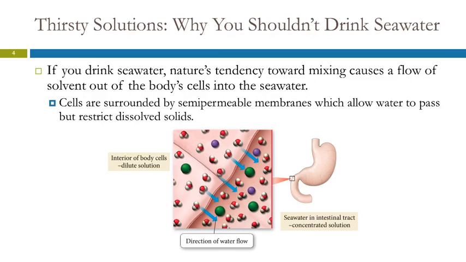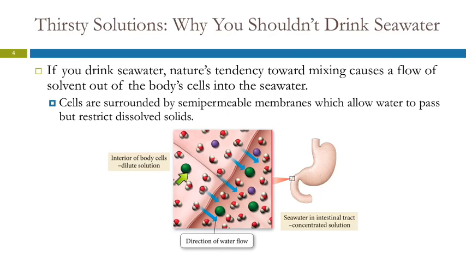So what happens if you drink seawater is that nature's tendency towards mixing causes solvent, water, to flow out of your body and into the seawater. So here we have part of your intestinal tract, and this is the inside of your intestine, which is technically the outside of your body. That's kind of weird to think about. And here's your cell tissue.